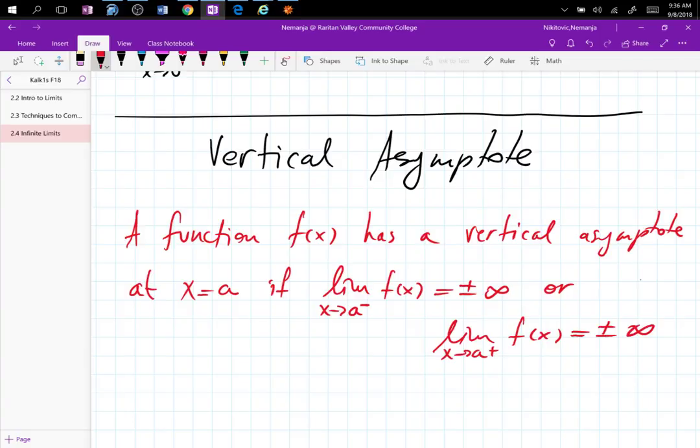So this is what we have as a definition. As long as one of the one-sided limits goes to infinity at that point a, you have a vertical asymptote at that point. Done. That's the vertical asymptote definition.